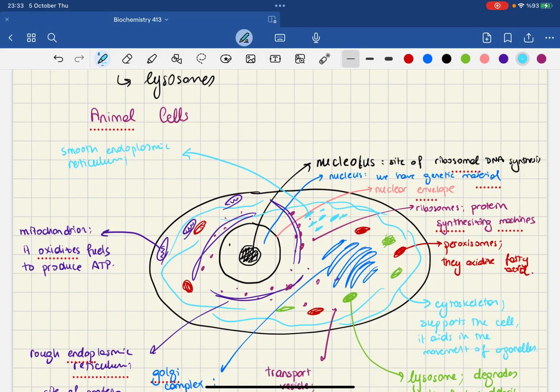Its task is drug metabolism, which is really, really important. So let me write it with a little darker color so it is easier to read. We have lipid synthesis and drug metabolism.